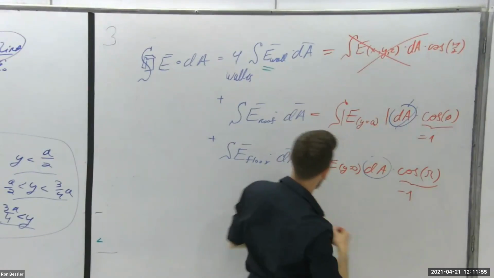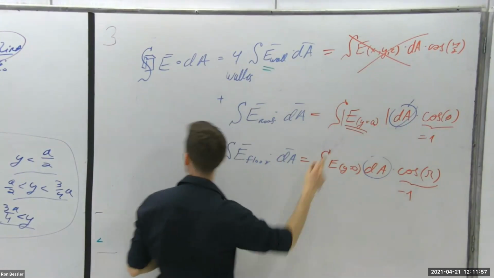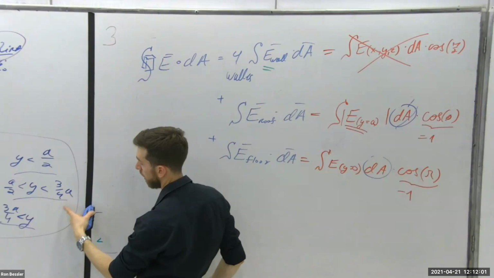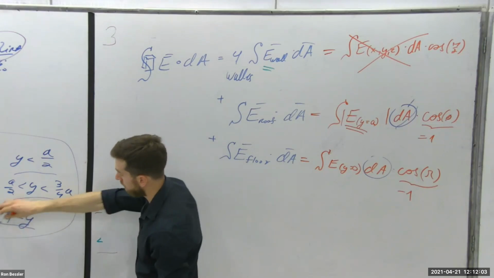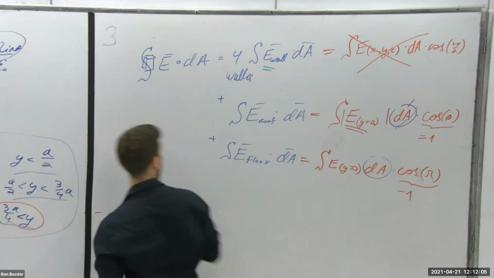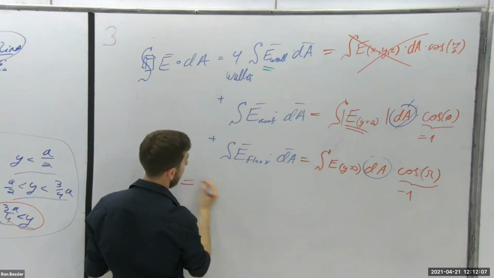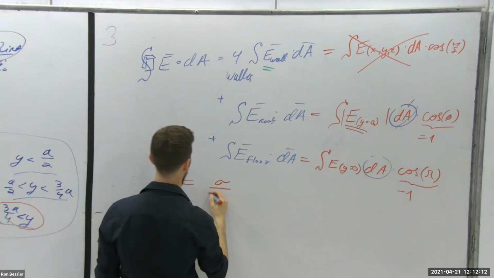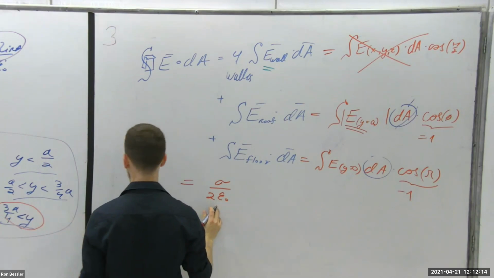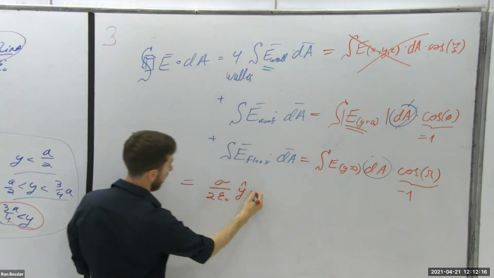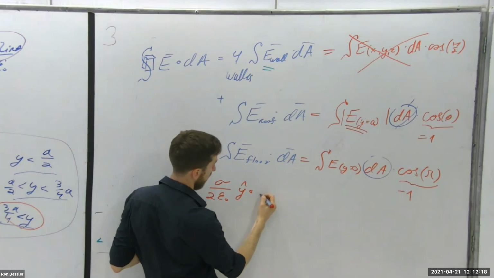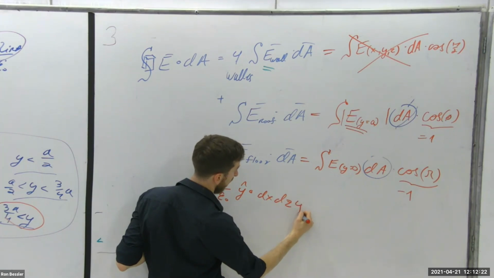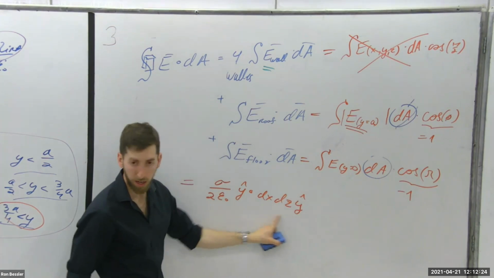So this one is actually equal to what? dy equal a, it's bigger than that. So it's this. So this one is equal sigma over 2 epsilon naught plus, at the y direction, dot dx dz, not y, also at the y direction, right?